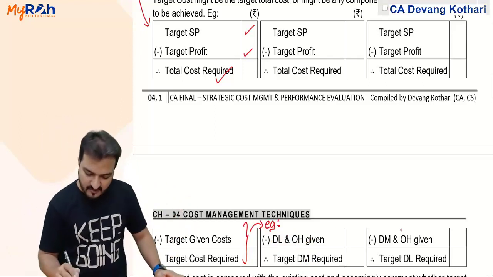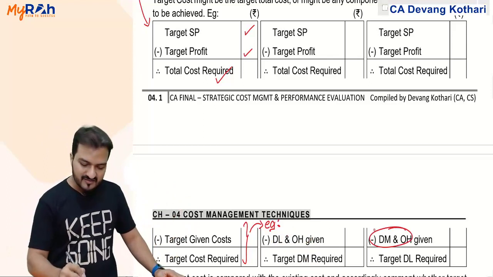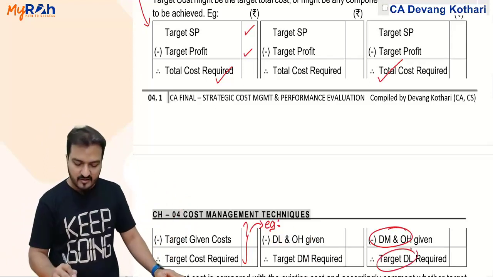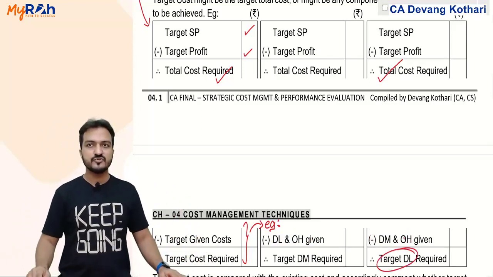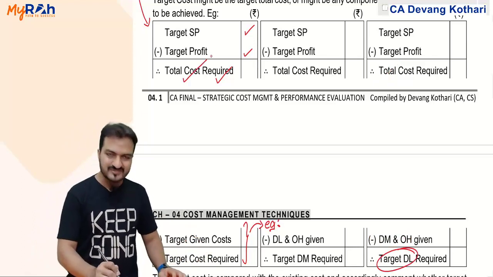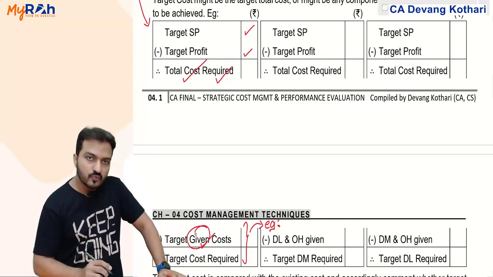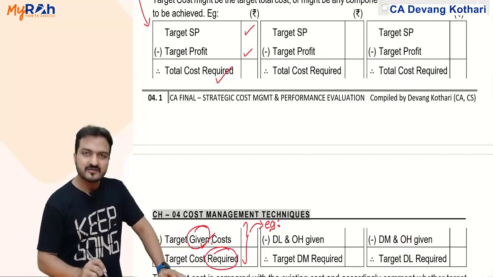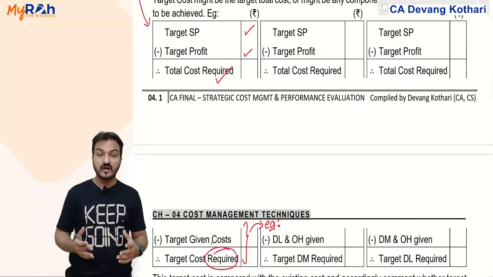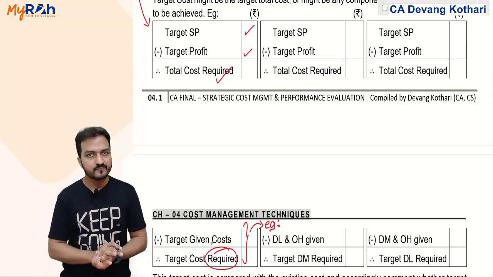This direct material cost is my target material cost. Similarly, if material and overheads are given, deduct that from total cost, what you get is the target labor cost. So in short, from the total cost that you get, deduct the costs which are already given. What is obtained is the target cost which is required. Done? Yes.